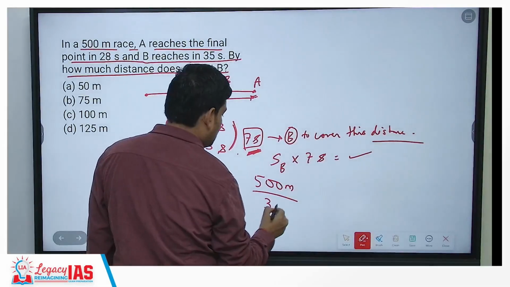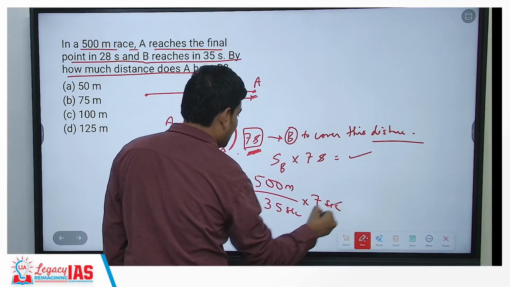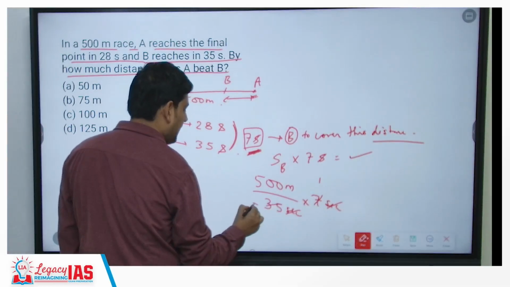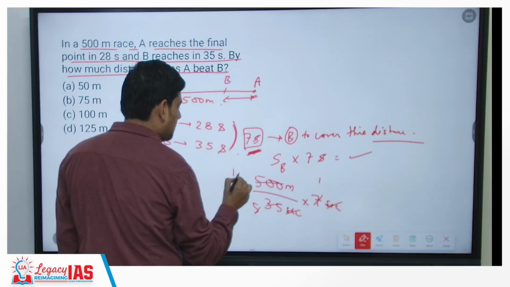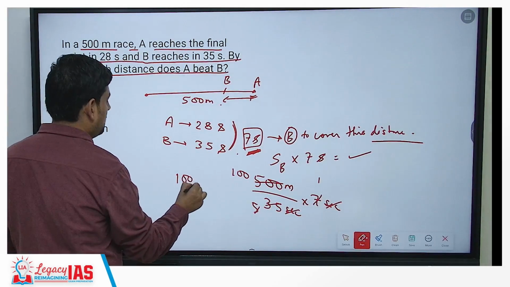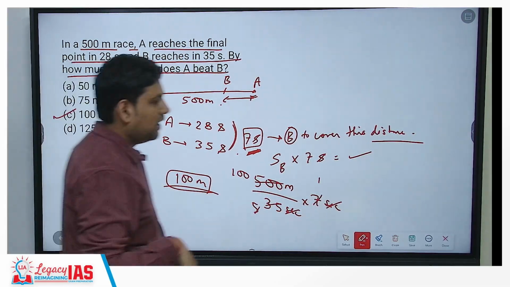Time is 35 seconds. This into 7 seconds. Seconds cancel out. Now 7 and 35 also cancel out. One time, 5 times. This will go one time. This will go 100. So what you got? You got 100 meters. That means A beats B by 100 meters.